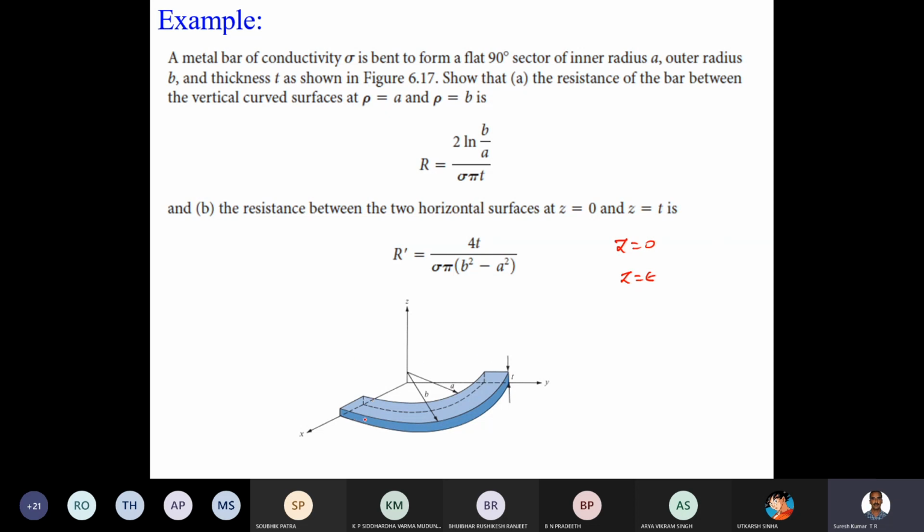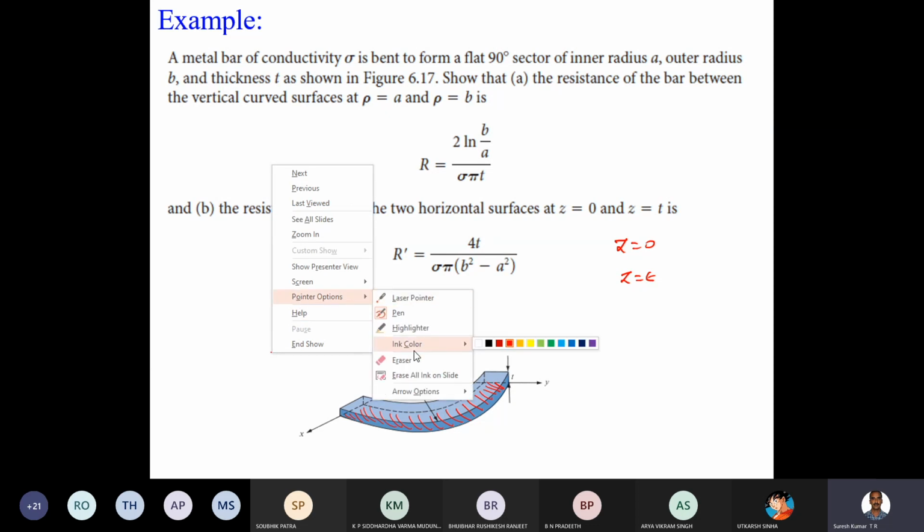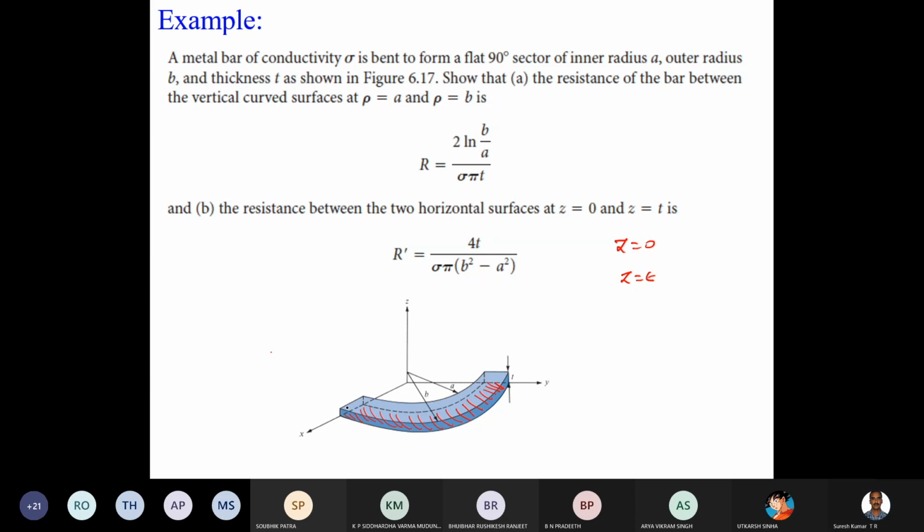Where is Z equal to 0? Z equal to 0 is this bottom plane, this one. Z equal to T is the top, I will use black color to highlight. So this one. Right?